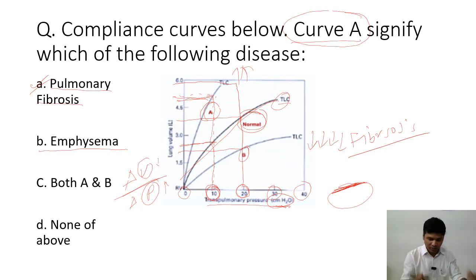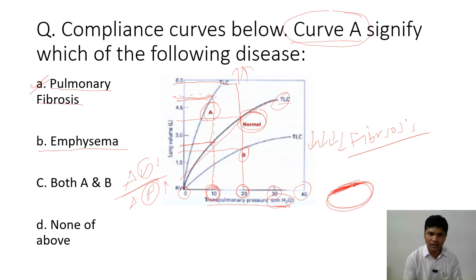This is very tough. If you increase the elastic tissue, then it's very hard to inflate the lung. If you decrease the elastic tissue, obviously it will be easily inflatable. This is like that. So elastic tissue is decreased in some diseases like emphysema.